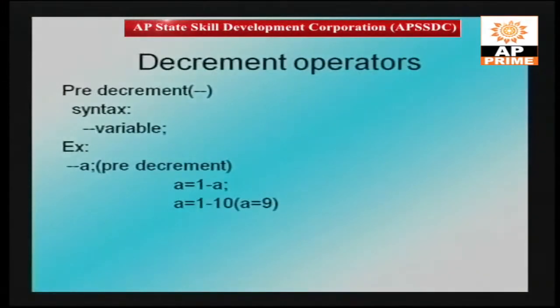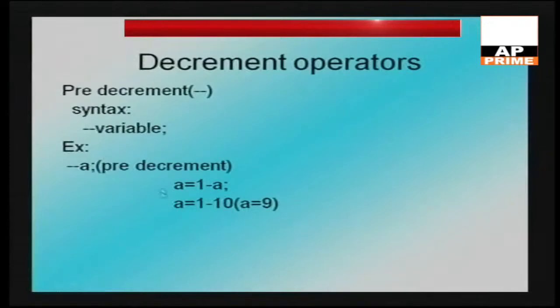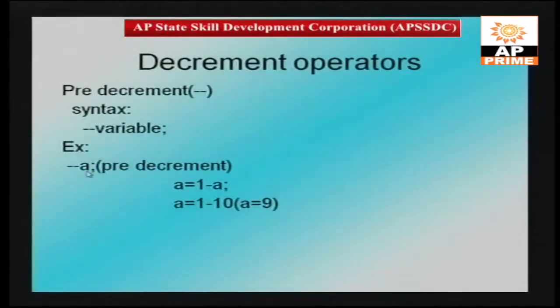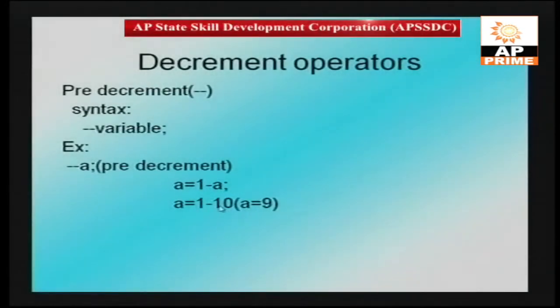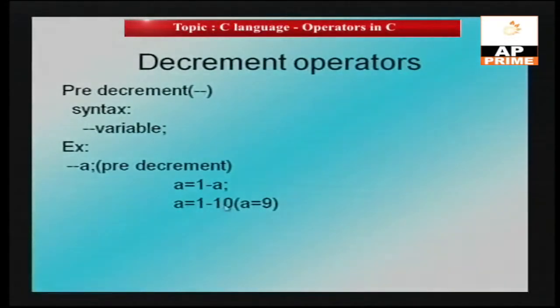Similarly, pre-decrement, post-decrement. Pre-decrement means minus minus variable, minus minus A, like A equal to minus minus 10. But here it is not considered a negative value, just 9, positive only is considered. Internally it happens: first 1 decrements, then only 10.